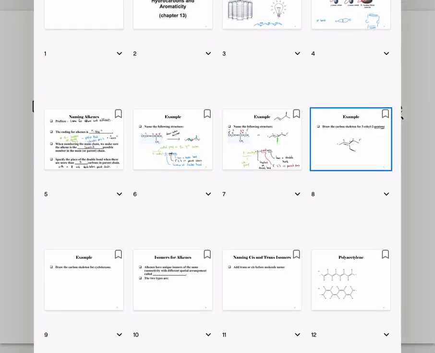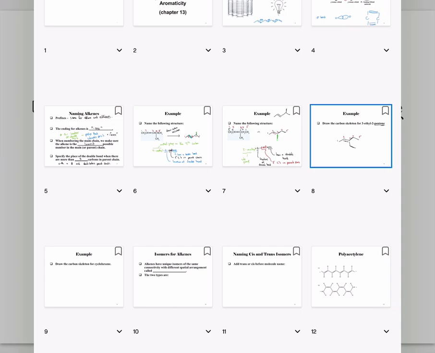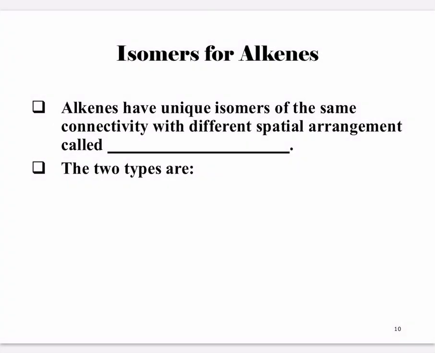Okay. All right, so we talked about this a little bit already when we talked about isomers. Alkenes have unique isomers that have the same connectivity but different spatial arrangement. What was the name for this type of isomer?